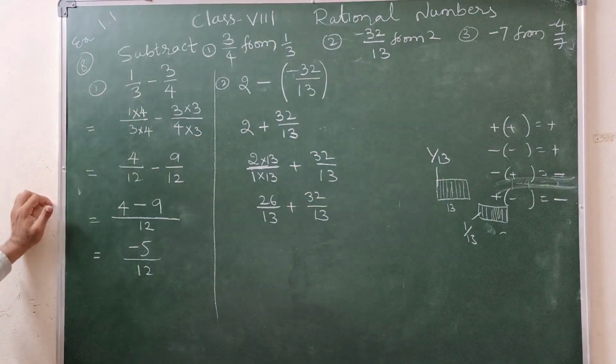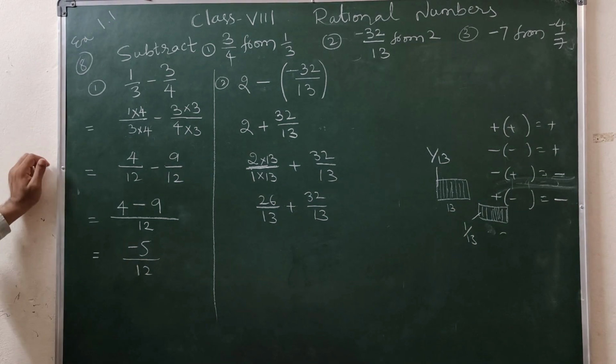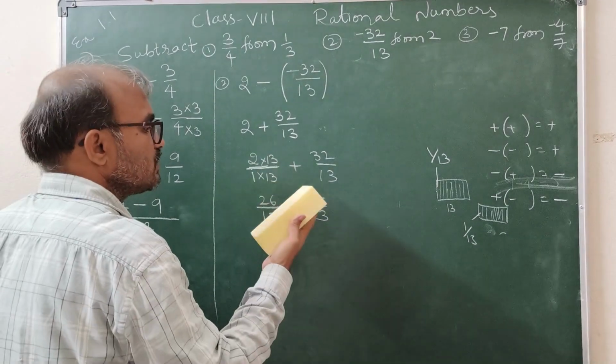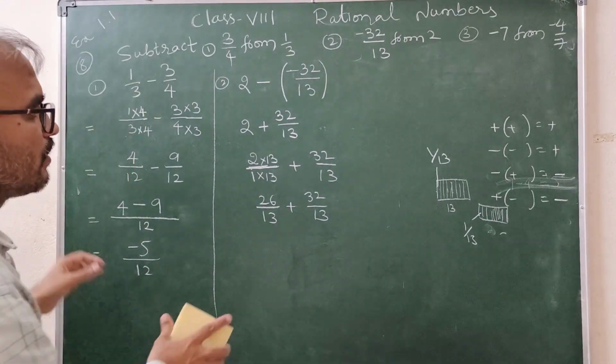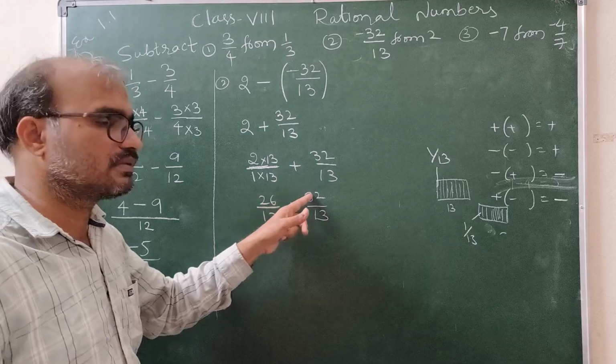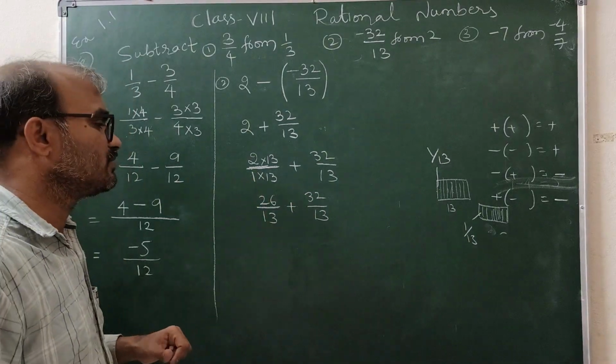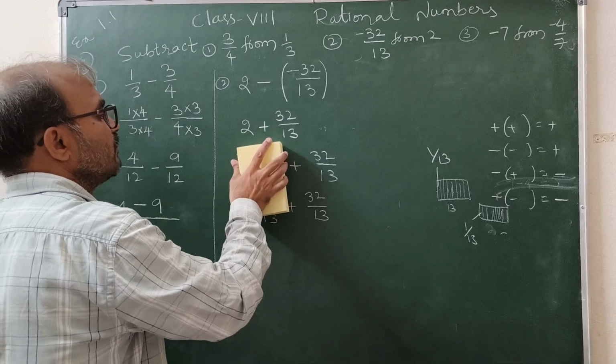So this is a wrong way of calculation, right? This is not a good way of calculation. The better way is, if you simplify here, 26 plus 32, you have to add, and again convert that into a mixed fraction. That is not a good way of calculation.